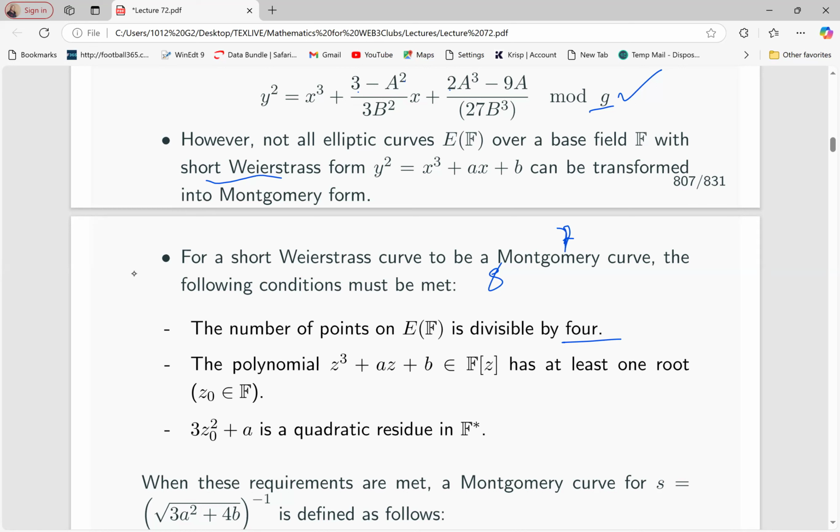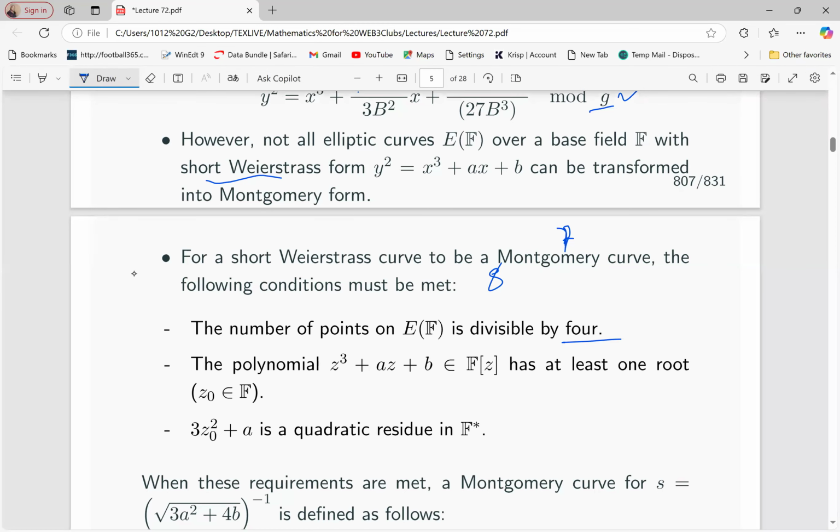The other condition is that if the short Weierstrass form were to be converted to Montgomery, then this cubic polynomial should have at least one root.